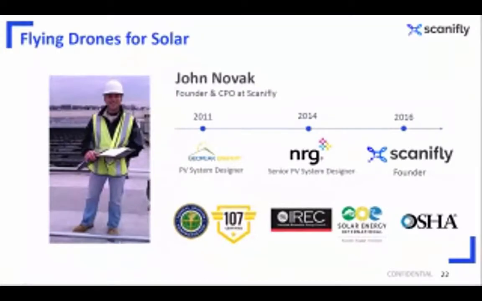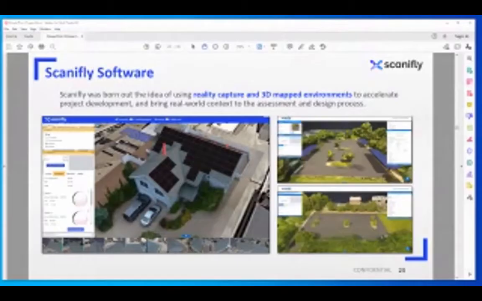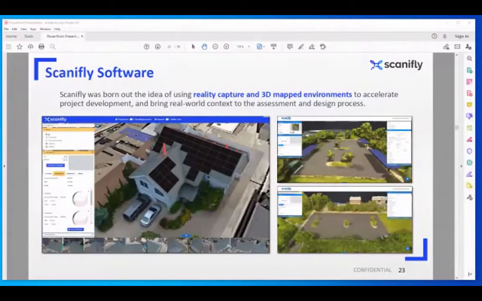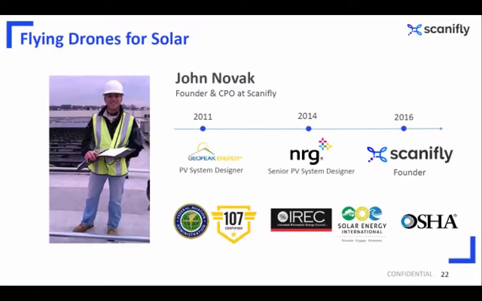So John started his career as a PV designer for a commercial developer called GeoPeak Energy. In that role, his scope covered not just design, but most aspects of the solar project's workflow, okay? He also worked at NRG, where he designed over 2,000 systems nationwide and became a leading voice on quality control for projects.